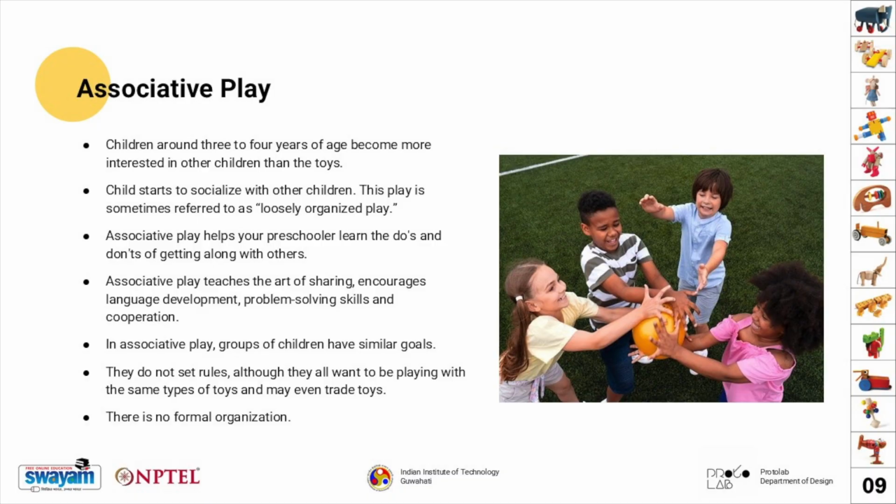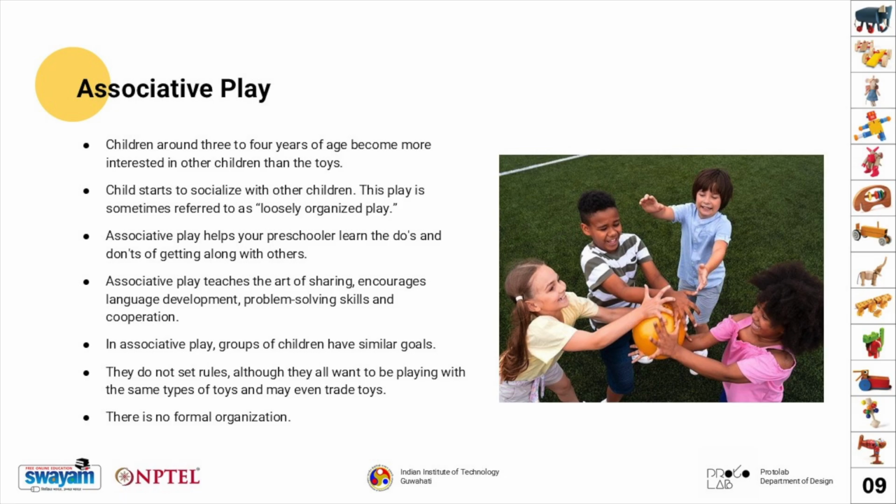Parallel play progresses to associative play between the ages of 3 to 4 years. This marks a big shift in social engagement. Now children begin interacting, talking, sharing materials, and loosely coordinating activities.